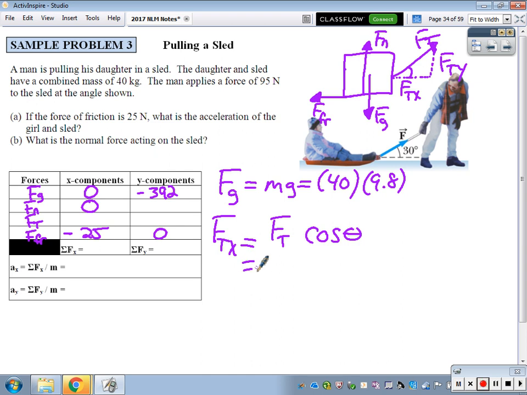So understand here we are back to, because there's an angle measured with respect to the x-axis, that our tension is going to be multiplied by the cosine of theta. Okay, so we know the man applies 95 newtons, so 95 times the cosine of, I decided to keep it easy on you with the trig today, cosine of 30. Pluggy chuggy.